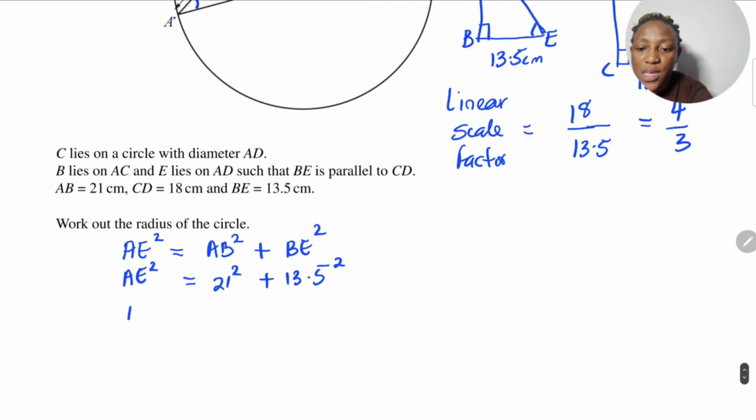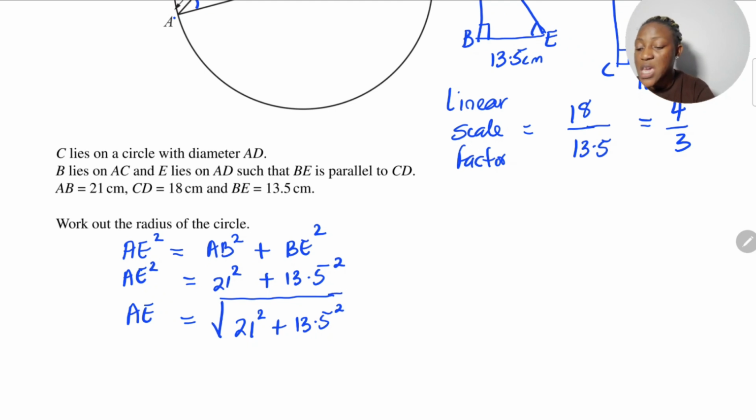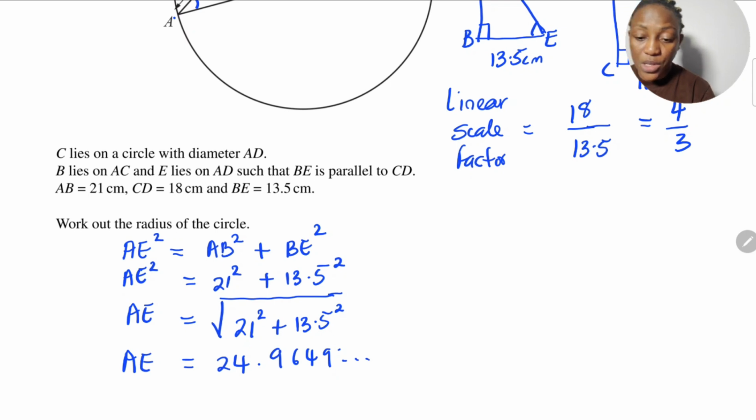So our AE should be equal to the square root of 21 squared plus 13.5 squared. If this is evaluated correctly, our AE is going to turn out to be 24.9649 and so many other numbers.